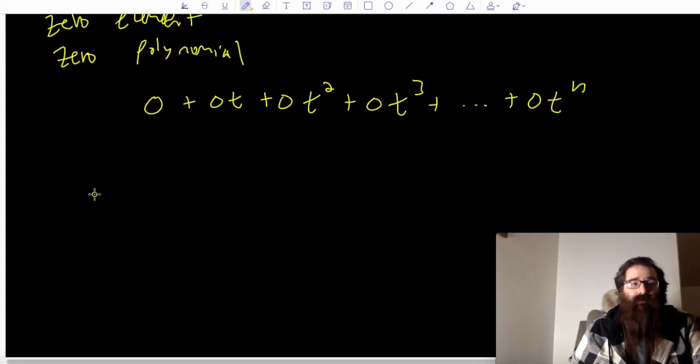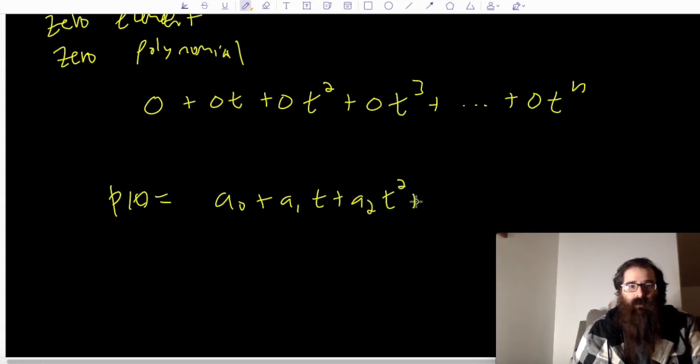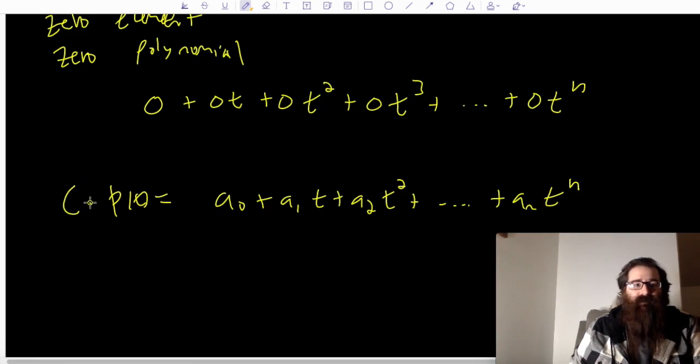But what about being closed under scalar multiplication? Well, if I take a polynomial p at t, and let me just call this a sub 0 plus a sub 1t plus a sub 2t squared plus so on and so forth plus a sub n times t to the n, so a polynomial of degree at most n. And I multiply this by some scalar c. We say, well, I can do that.